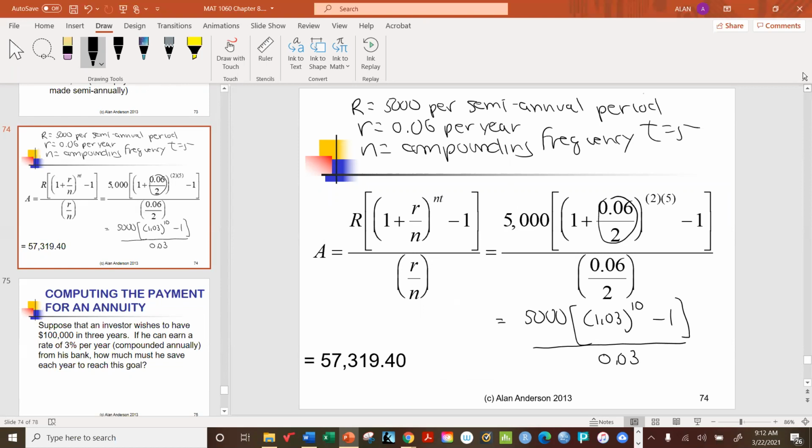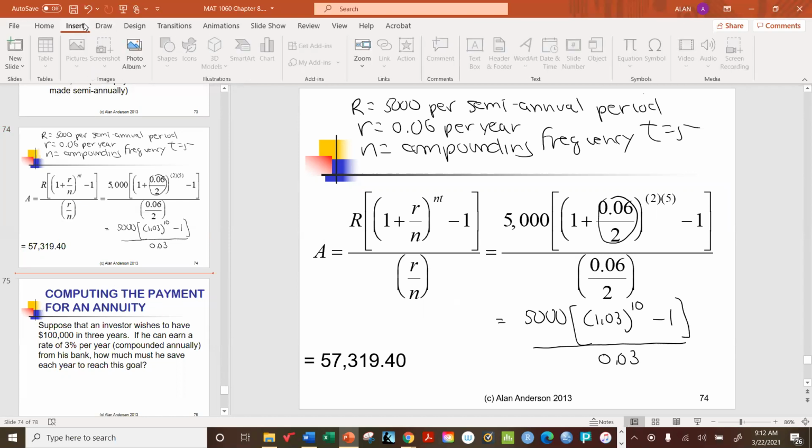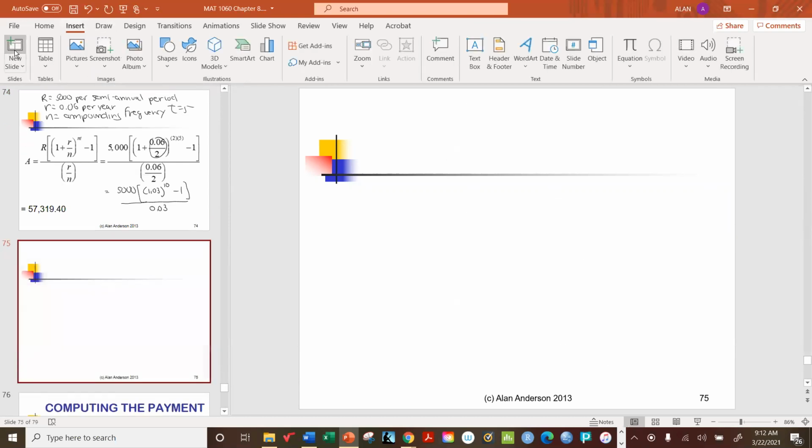Now that is easier, but we still have to figure out how to actually implement it on that calculator. So let's try that right now. Let me just copy this here, and let's see if we can figure out a strategy for making this as painless as possible.